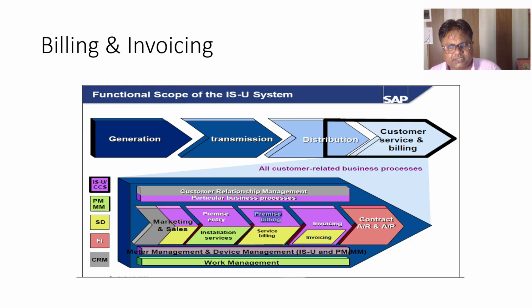In sales also, if we charge any services, then for that we also do the billing and then the invoicing. All the invoice amounts the customer pays, we take that in account receivable and account payable, and we settle that in FI.